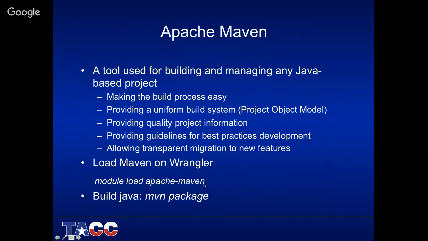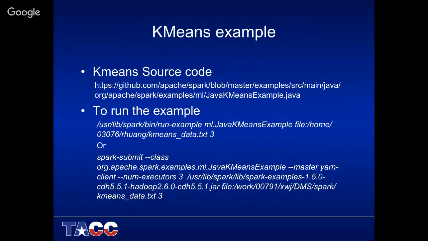It loads the module in the current environment, setting up all the runtime environment for you. The example for the machine learning libraries is the k-means example. If you want to see the source code, go to this website, and to run it, just copy and paste.